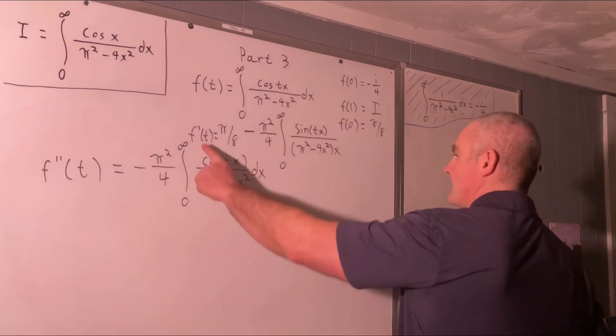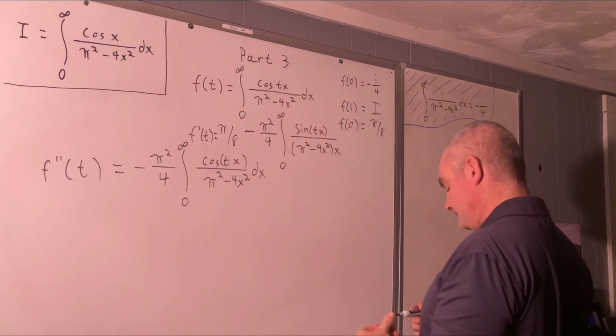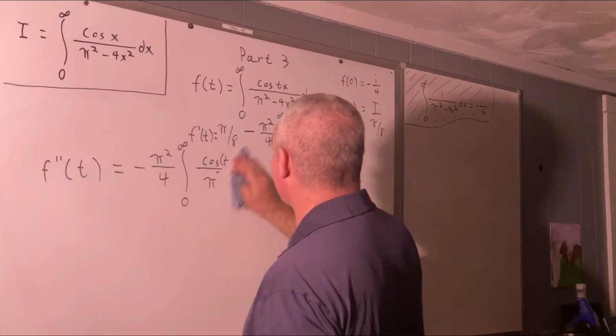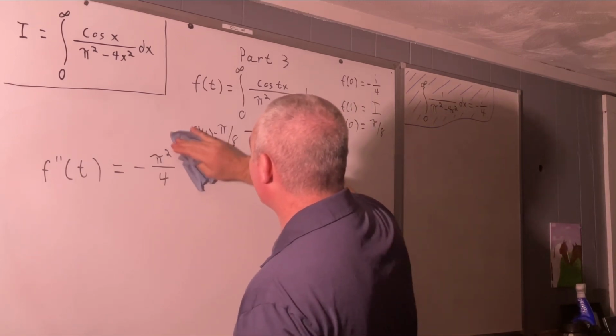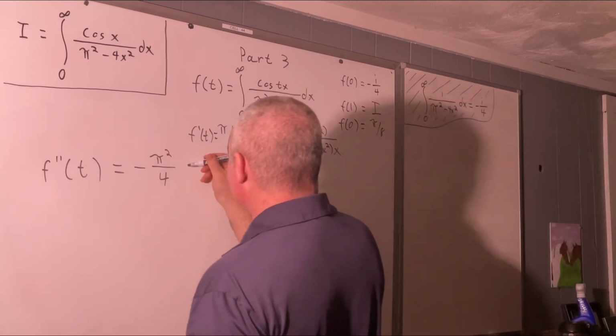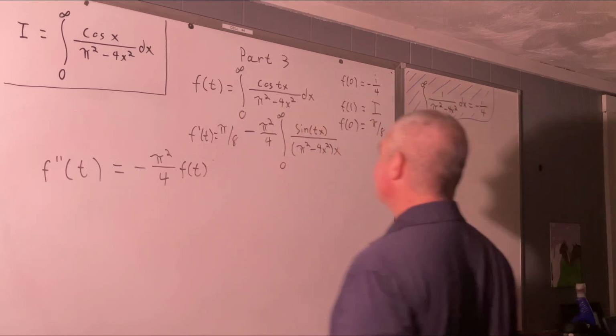And you'll notice this right here, this integral, is simply f of t. So we'll just write that as f double prime is equal to negative pi squared over 4 times f of t. All right, that's a differential equation.